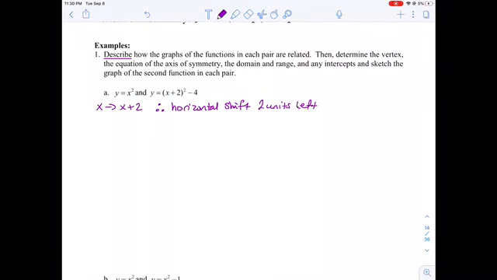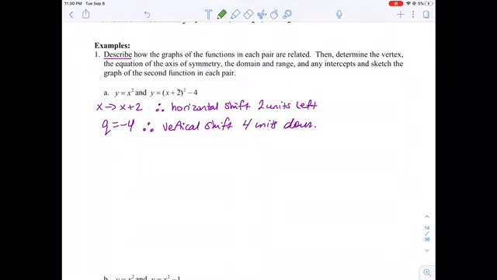And then this q value, q is equal to -4. Therefore, we have a vertical shift 4 units down. That's our description. Then determine the vertex, the equation of the axis of symmetry, etc.